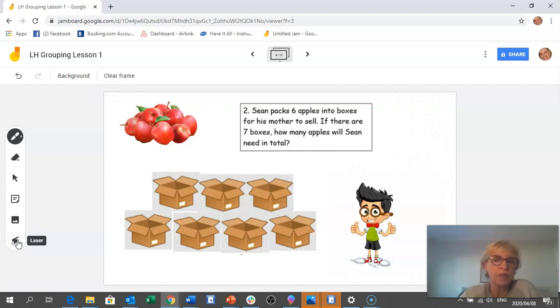So what is important here is to know that there are 7 boxes, and here you can see them in front of you. You need to know these details. There's 7 boxes. Sometimes it's quite good to use a highlighter. And in each box are 6 apples.